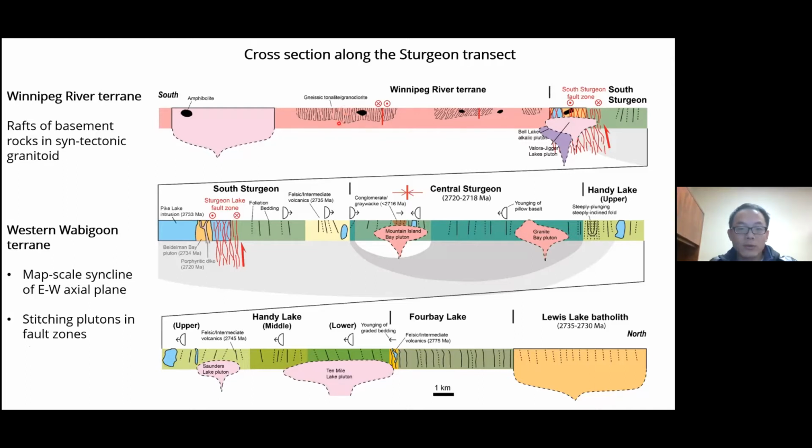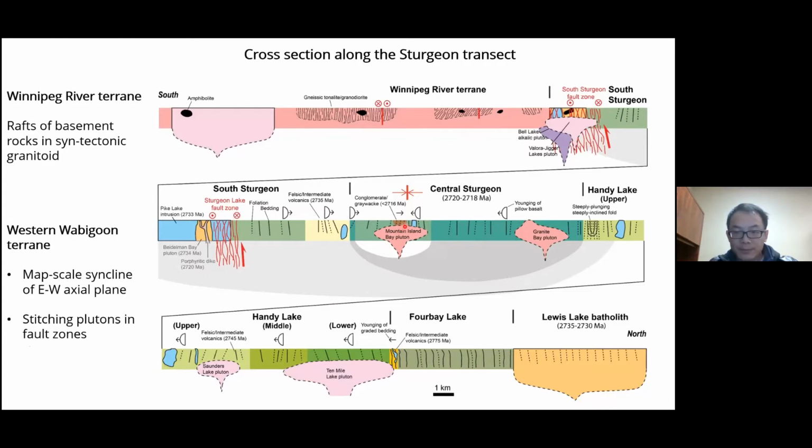In the Western Wabigoon terrain to the north, the younging directions of the pillowed basalt and graded volcanic beddings support the map scale syncline that has an east-west orientation for the axial plane, which is centered roughly here on top of this brown unit. That's the youngest sedimentary basin, the Amen Bay assemblage, which is the focus of our master's project here in this region.